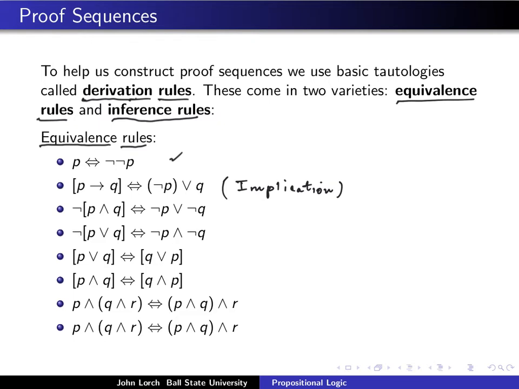Now in the next two, you see something that should look familiar, right? These are De Morgan's laws. In fact, this first one, I should tell you it has a name. It's called double negation.